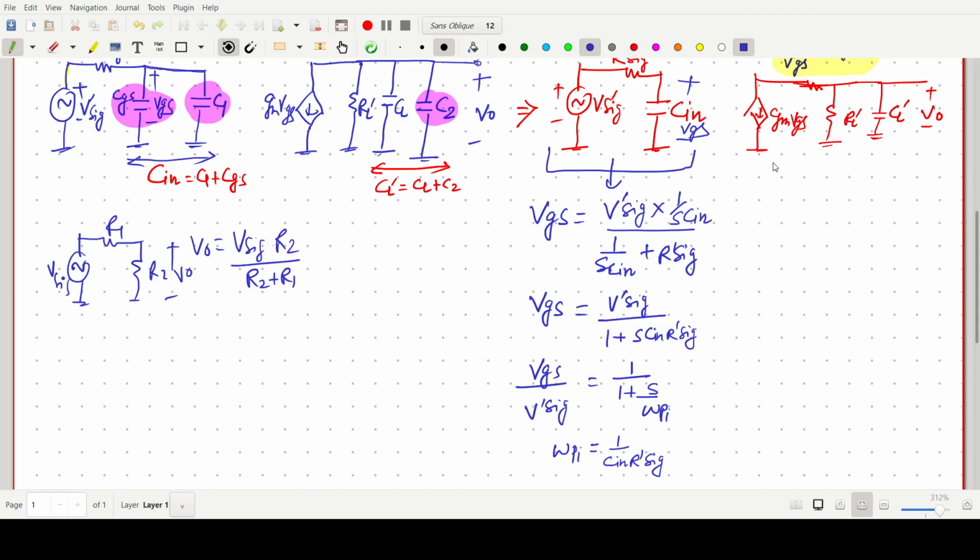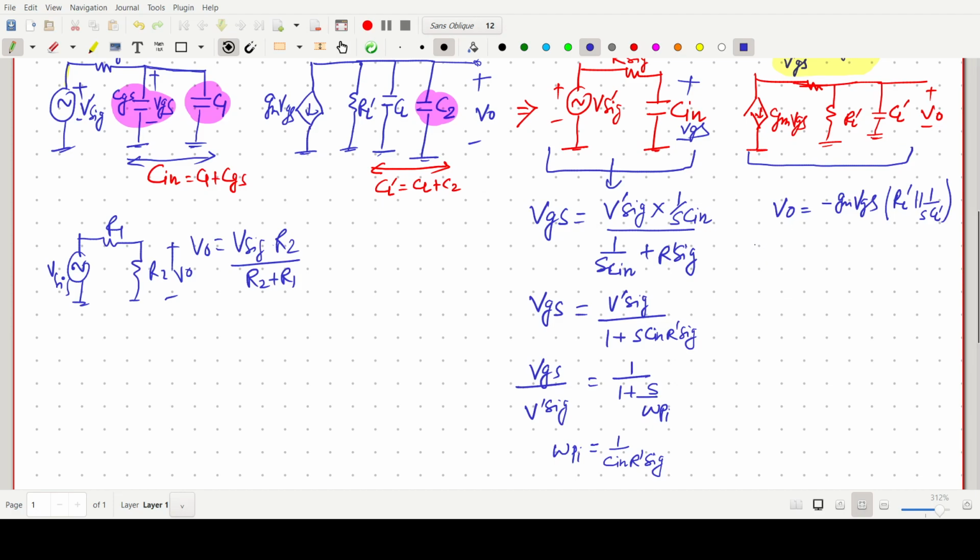Now similarly I am doing this for this portion. There is a current source, and CL' and RL' are there. So we can write V naught as minus gm VGS, with V equals I into R. The corresponding impedance would be RL' in parallel with 1 by SCL'. Yes or no? This RL' and CL' are in parallel.